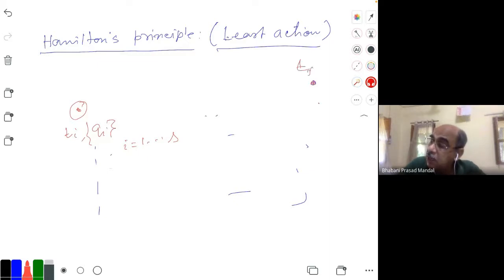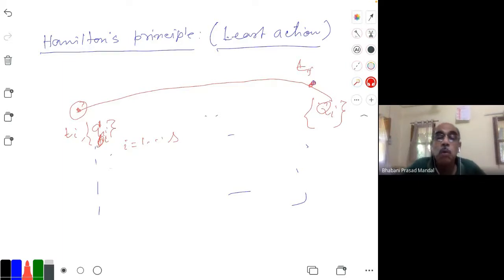The system is again described by, say, capital Q_i, so that I don't mislead you, since the generalized coordinates will be different. So the system will go from here to here.